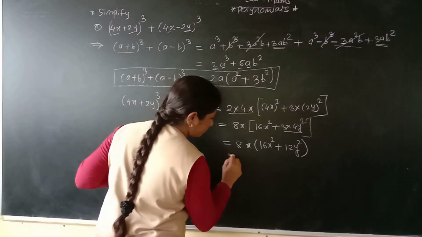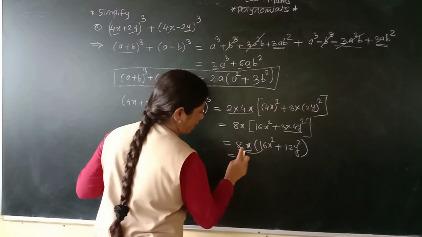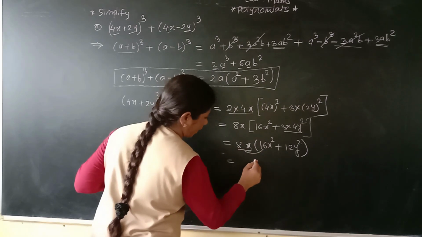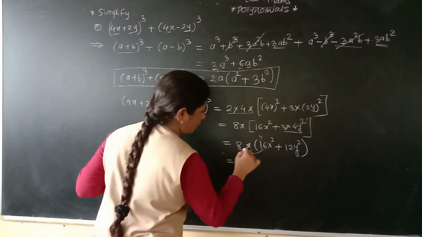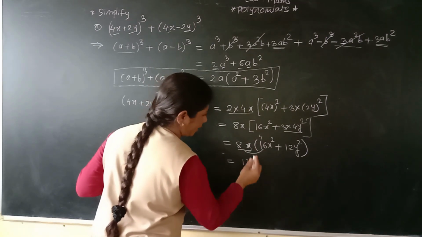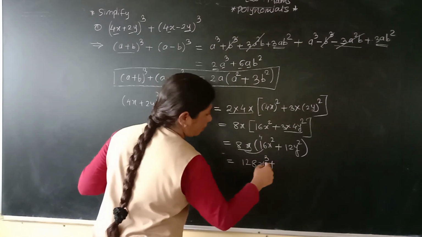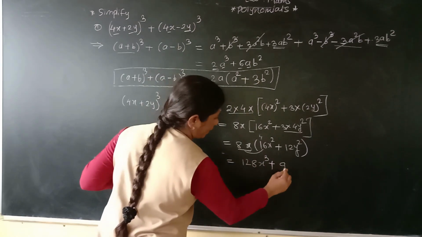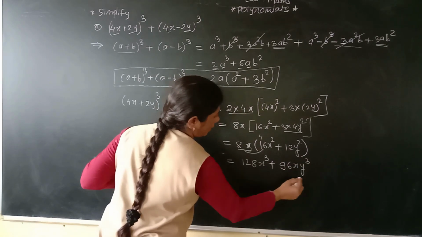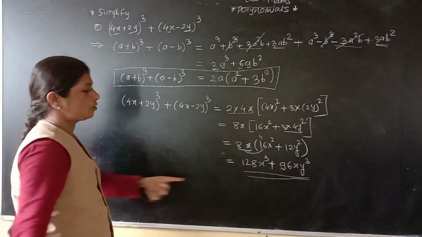So now we will make the multiplication of this also. 16 8s are how many? 8 6s are 48, 8 1s are 8 plus 4 is 12. So 16 8s are 128, and this x^2 gives x^3, plus 12 8s are 96xy^2. So you will get the final simplified answer of this example.